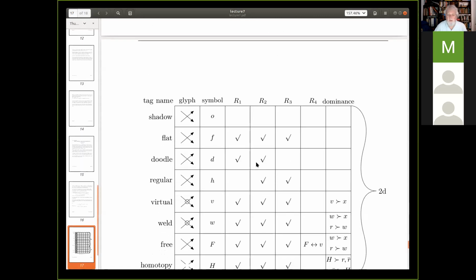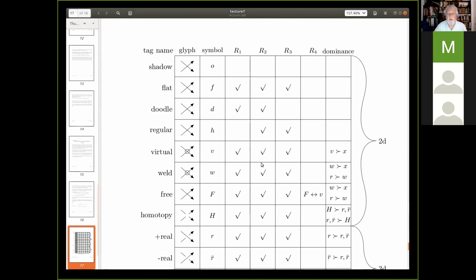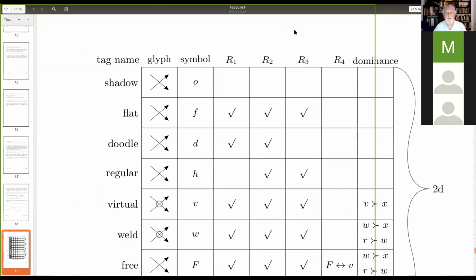I'm now going to put up a little table. Can you see that all right? Remember, we started off with a diagram with a shadow of a knot, and the double points cross in the shadow.